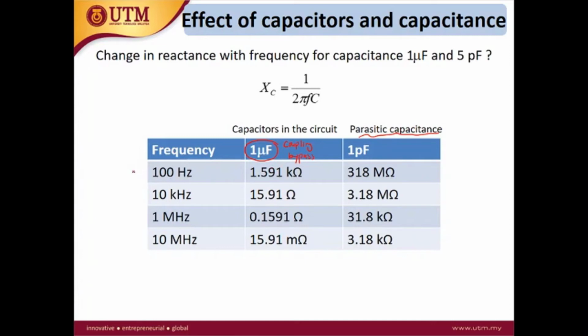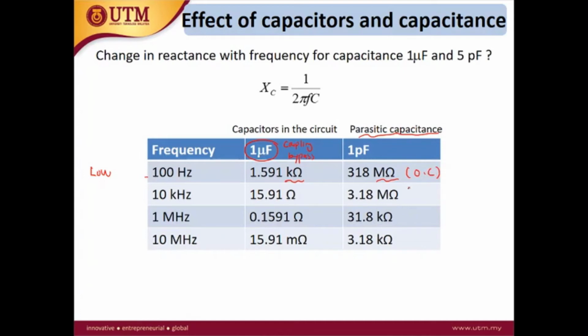For example, at low frequency, around 10 Hz, the impedance of the coupling and bypass capacitor is around kilo ohm, and the parasitic capacitor is around 100 mega ohm. Because this parasitic impedance is very high, we can ignore it and replace it with an open circuit.